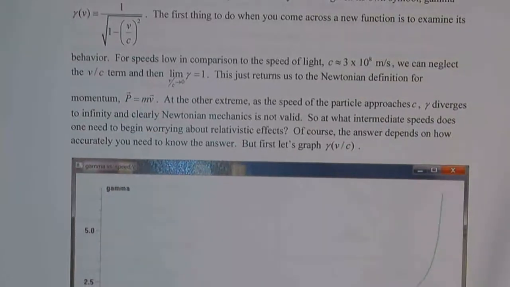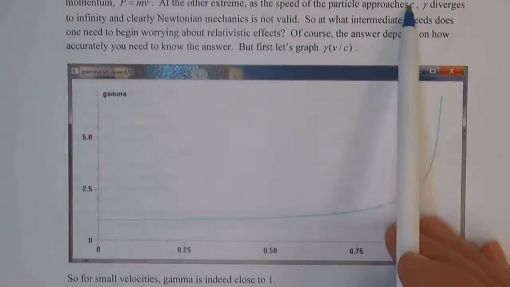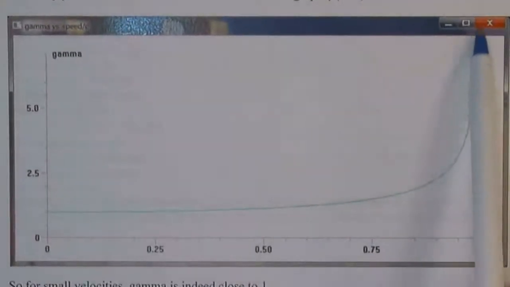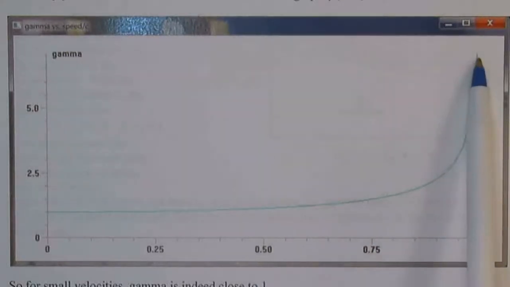On the other extreme, however, where the velocity of a particle approaches the velocity of light, gamma diverges to infinity. The function gamma is not defined for values larger than the ratio v over c being 1. So as we approach from below, gamma diverges like this.